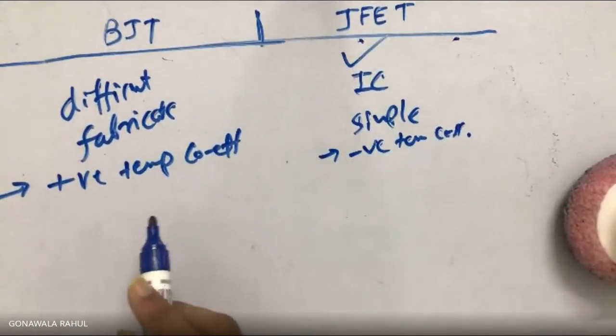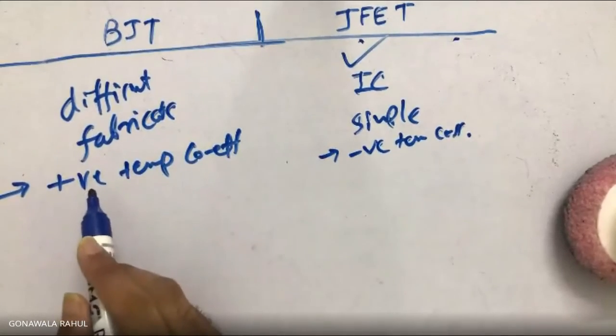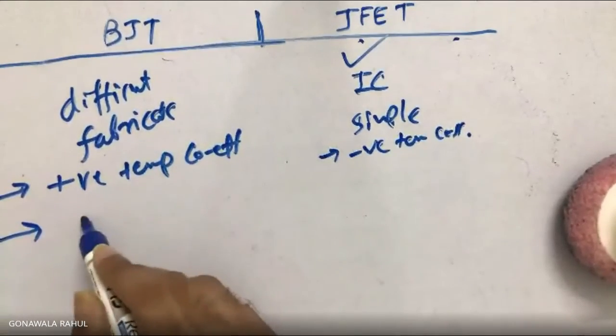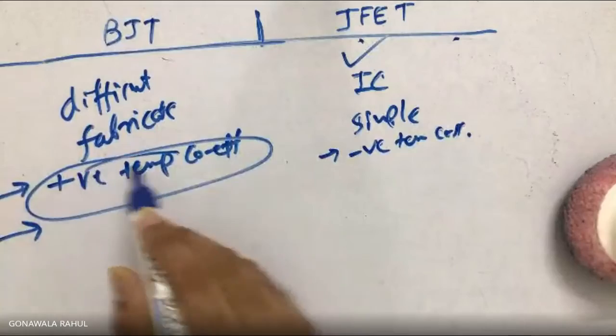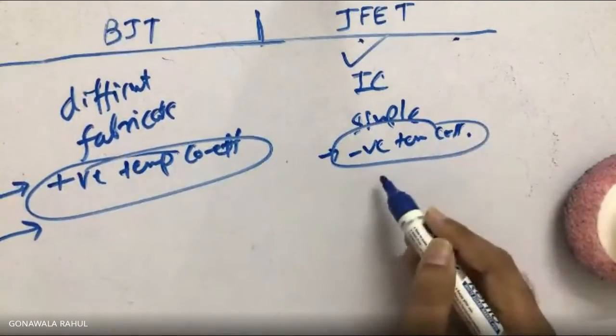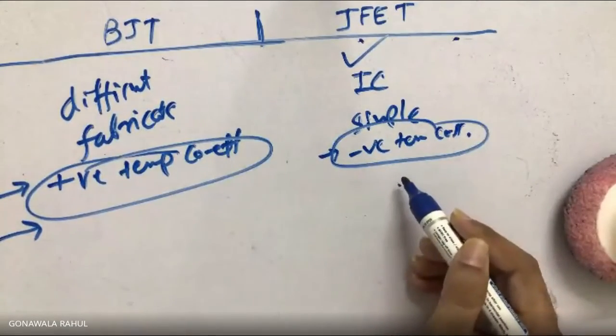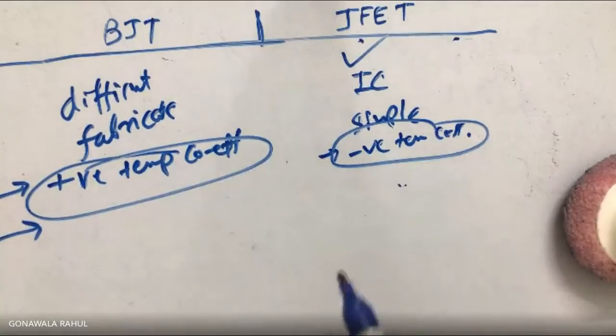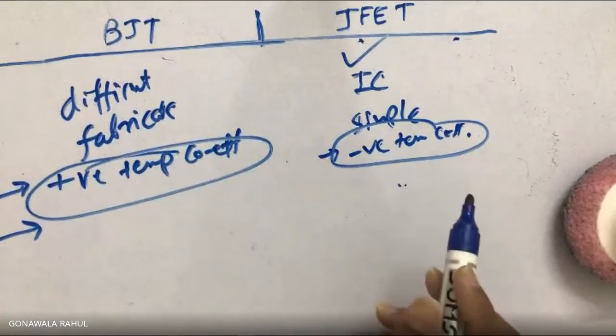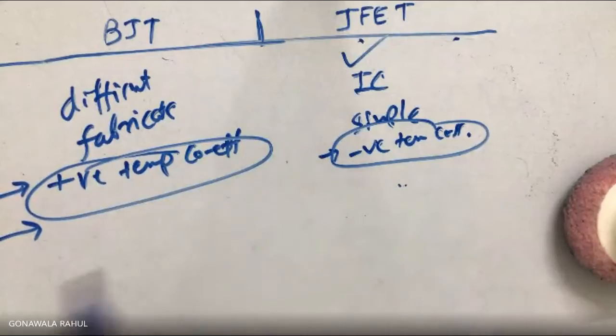It means that collector current increases with increasing temperature, and hence thermal runaway comes into the picture, while in JFET thermal runaway doesn't take place and it prevents breakdown. So this is the major difference between BJT and JFET that we have encountered.